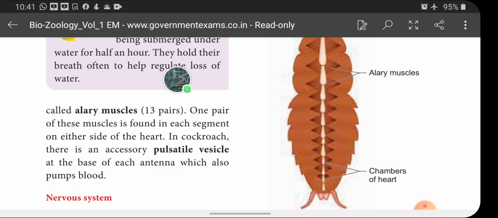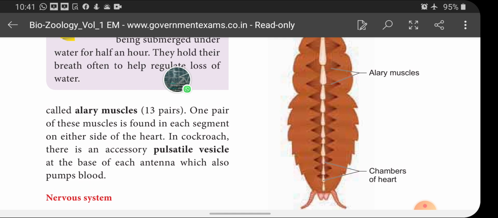One pair of these muscles is found in each segment. So in total 13 pairs of alary muscles are present, because on either side of each chamber a pair of alary muscles is present. There are 13 chambers in the cockroach heart, hence the number of alary muscles is 13 pairs.